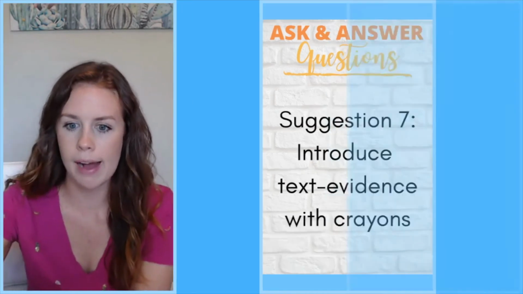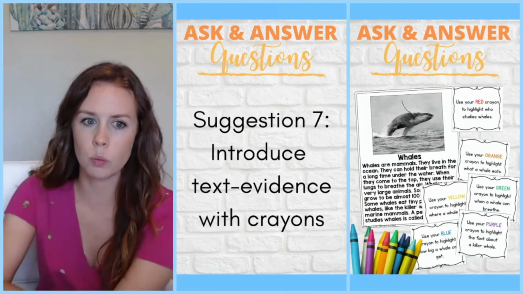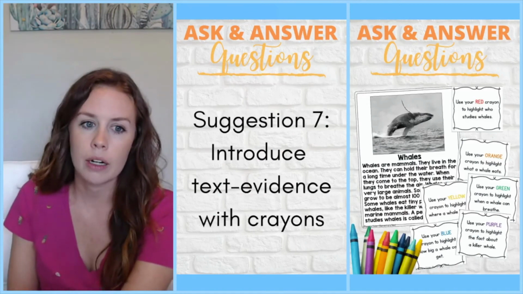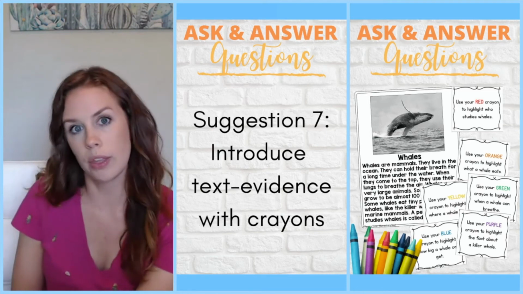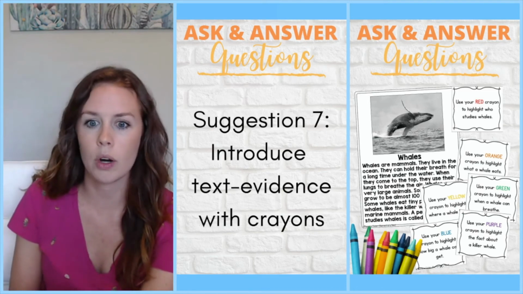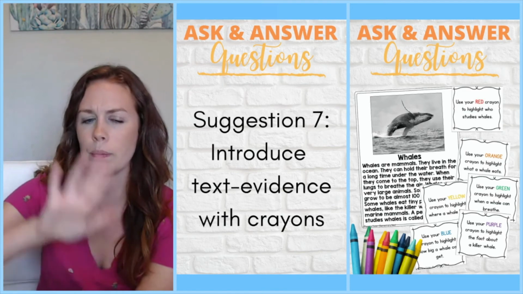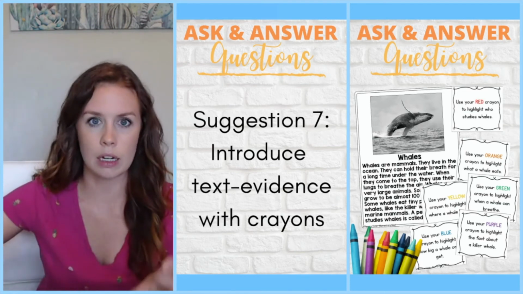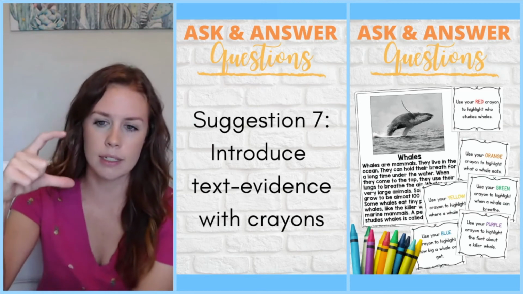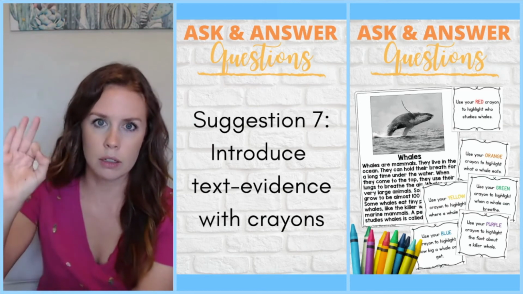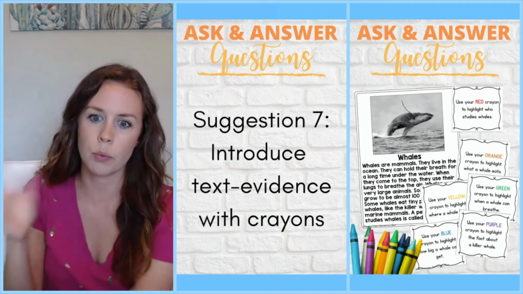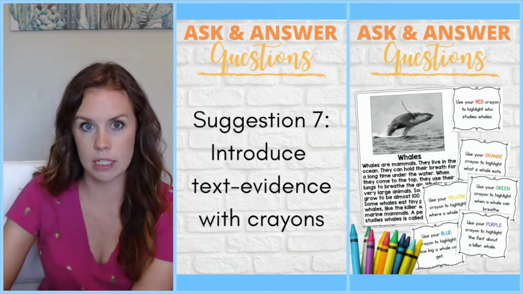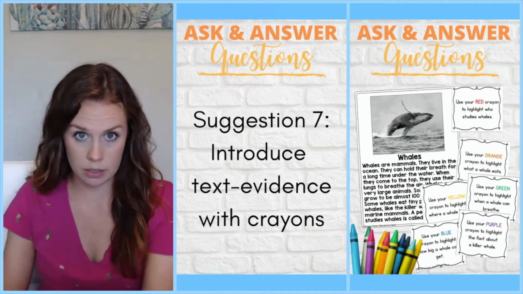So one example I have is one of the activities from a lesson plan where I think the kids read this with their partner, and then the teacher reads this as a whole group, and then each of the kids get a copy, and they have these little task cards, and they have colored crayons that they have to underline where they found it. And that skill of being able to find that text evidence is going to help with their answering.